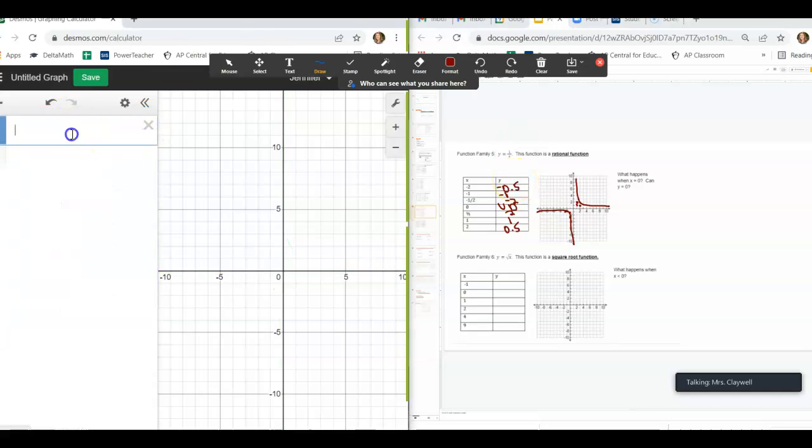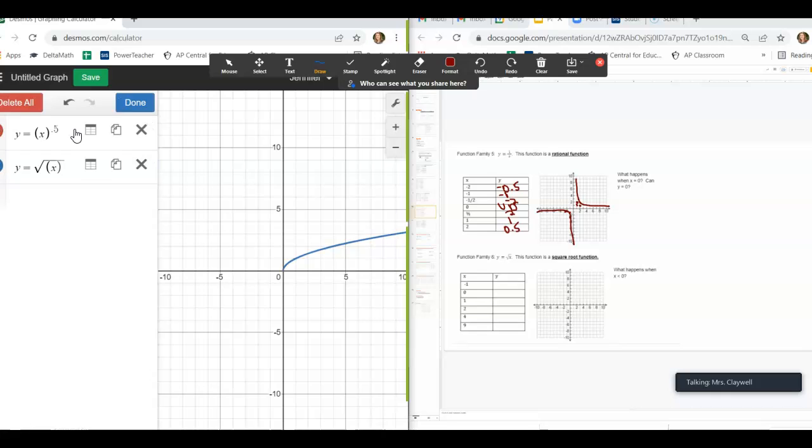And then the square root function. I'm just going to do it to the 0.5 power, or you can type in the word square root. Either way, you get the same thing.